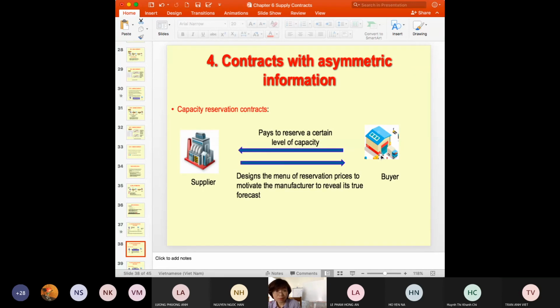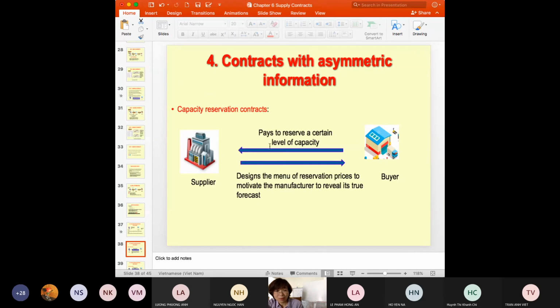So what is the reservation price? Reservation price is the menu of prices designed by the supplier to motivate the manufacturer to reveal their true forecast. So, for example, the buyer chooses the amount of capacity to reserve with the supplier.